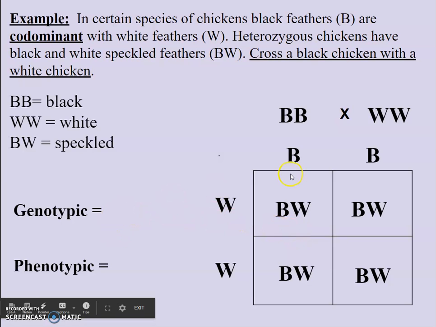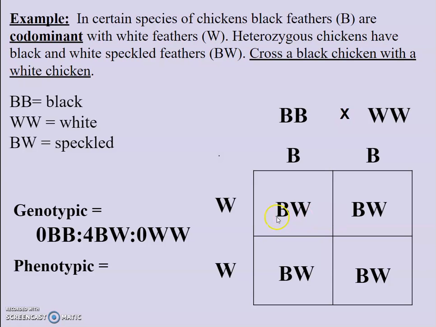I'm going to do the genotypic ratio first, which is the letters. You'll see that I have 0 BB, I have 4 BW, and 0 WW. Then for my phenotypic ratio, you can see that I have 0 black, 4 speckled, and 0 white.